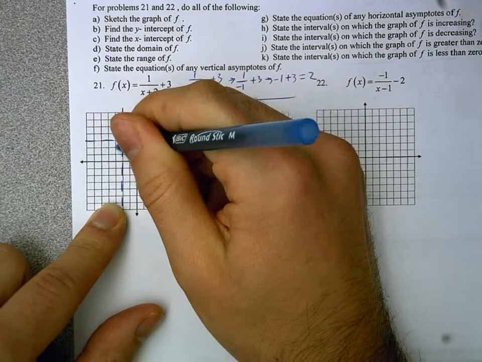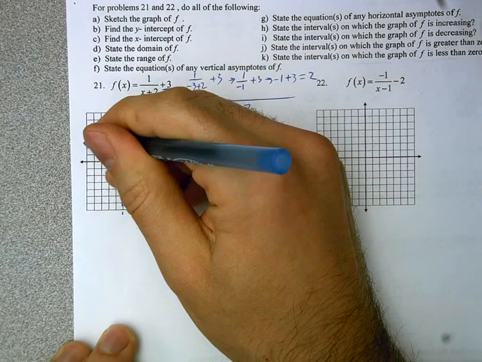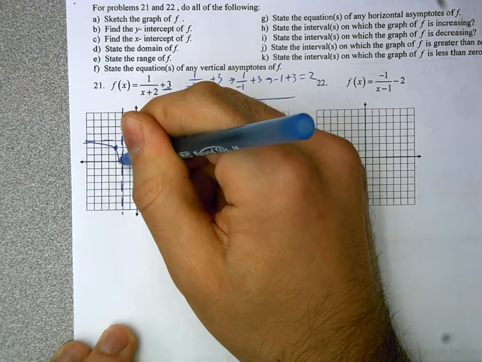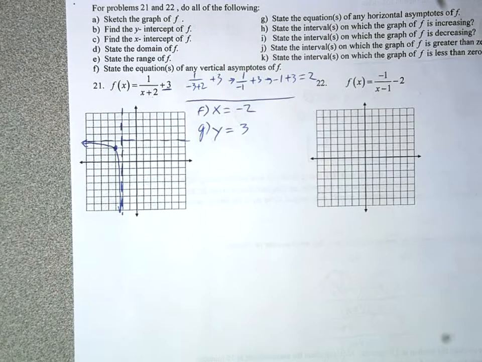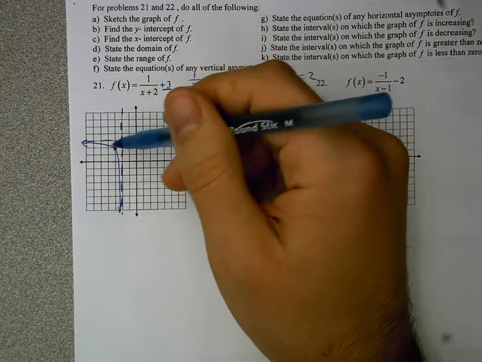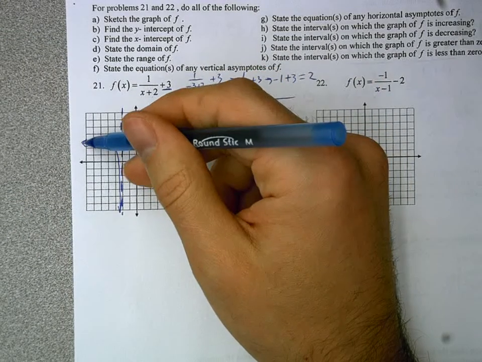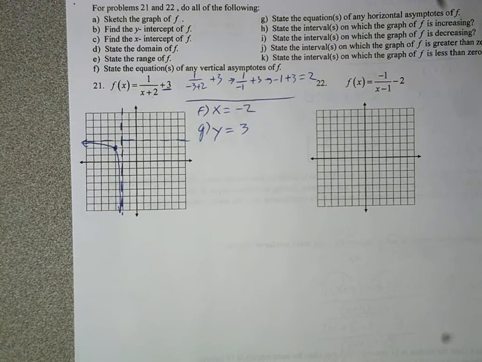I put in -3, I got out 2, that's this point right here. And that's enough for me to know, oh, here's my graph. You would be welcome to plug in more points, -4, -5, -6, but we don't really need to here. If I know that it's in this quadrant, going next to the asymptotes, that's going to be enough.